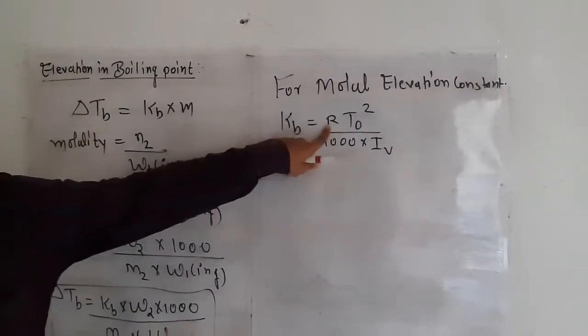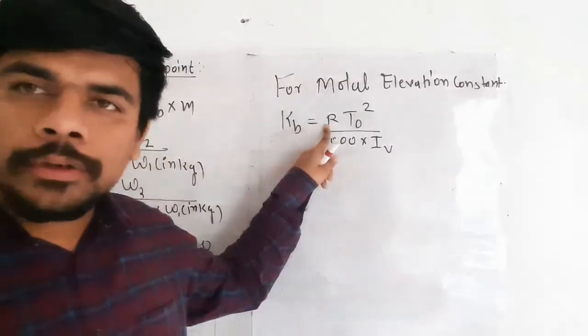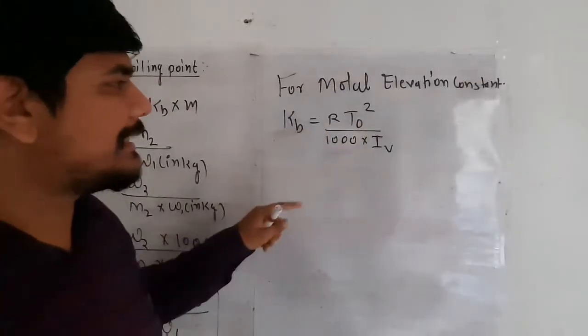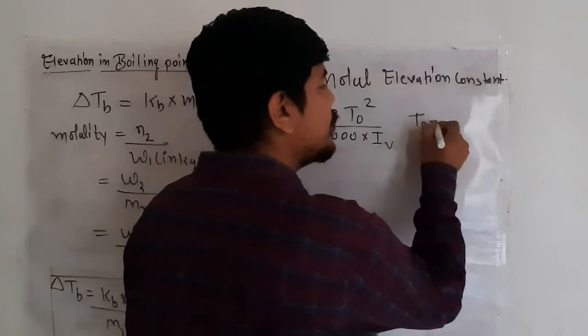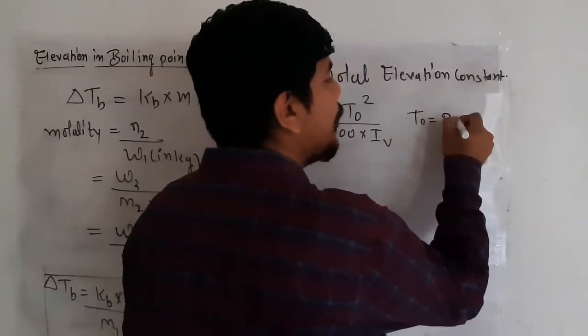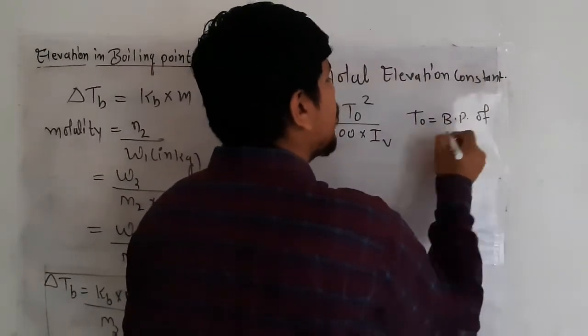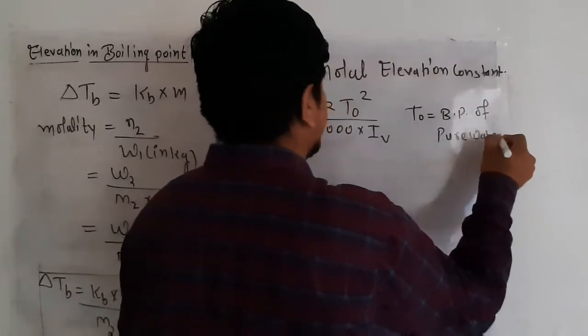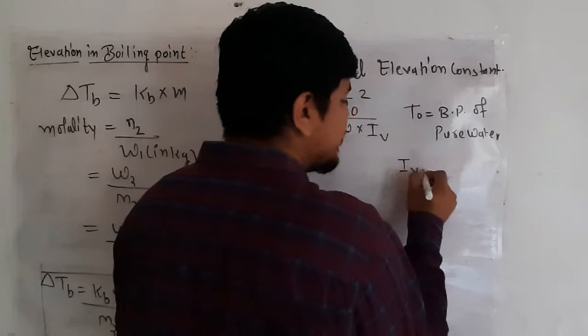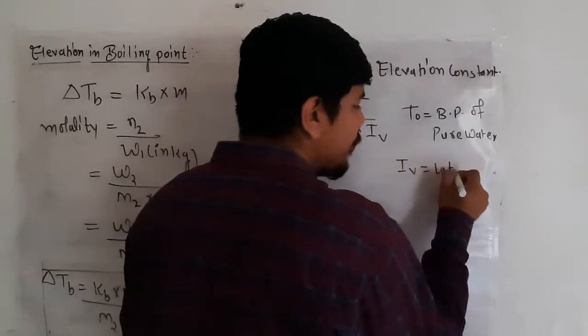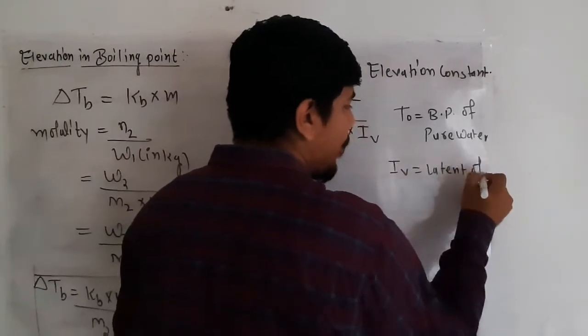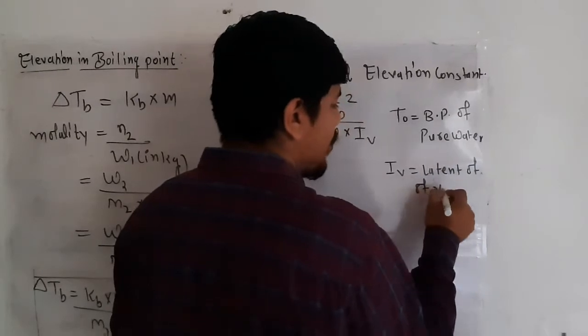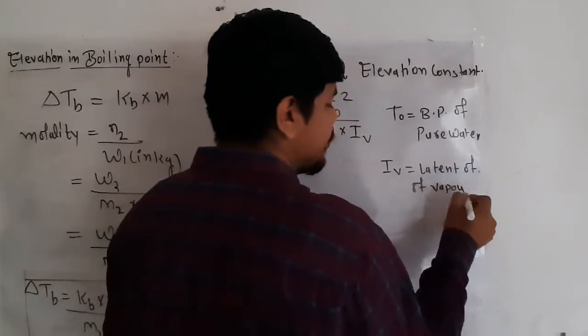Of R we know that it is the universal gas constant. T0 is the boiling point of pure solvent. Lv is the latent heat of vaporization.